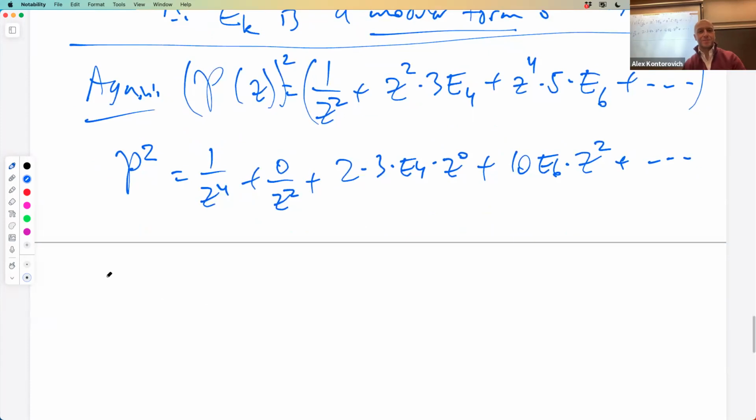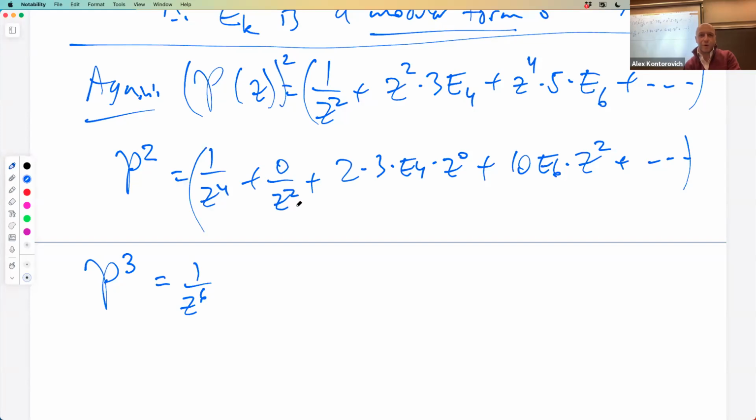So what about P cubed? I'm going to multiply this whole thing by one of these. So I have a 1 over z squared and a 1 over z to the 4. That gives me a 1 over z to the 6. We knew that P cubed had this order 6 pole at 0. Can I get a z to the 4th out of this? That's either a z to the 4th times a constant. No, I don't think I can get a z to the 4th.